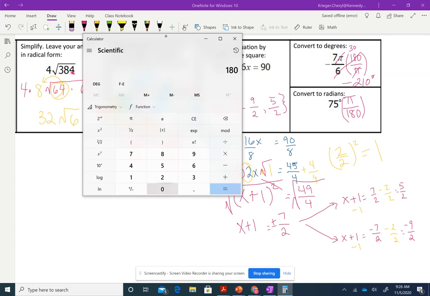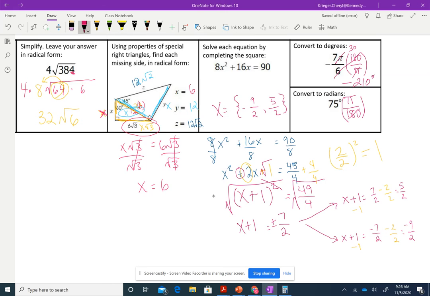So 180 divided by 5 is 36, and 75 divided by 5 is 15. Then I can see that both of these are divisible by 3, so I'll reduce again. Dividing by 3, that's 5 and 12, right? So that's 5 pi over 12. All right, so that's my answer, 5 pi over 12.